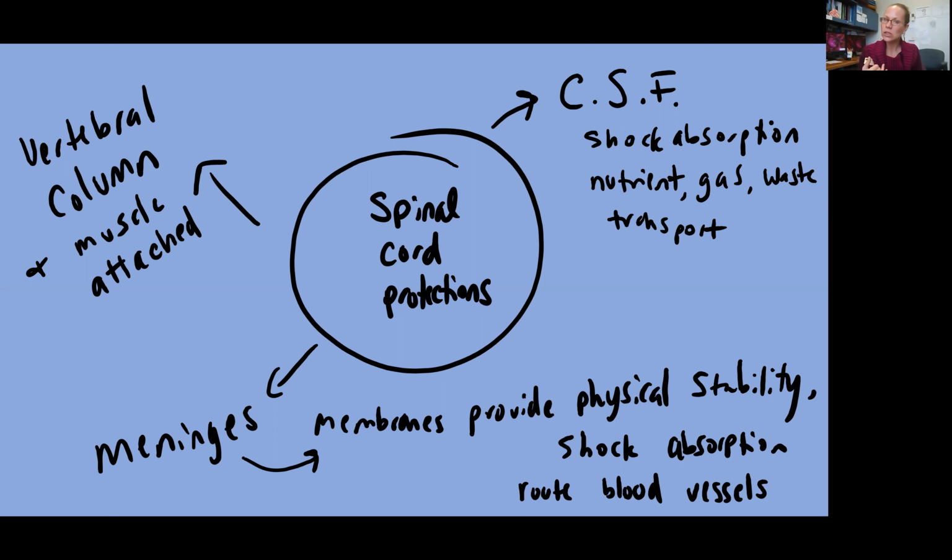And so we see that the meninges are having those same kinds of jobs here that we saw with the epimysium and perimysium, or the periosteum of the bone, those tissues.